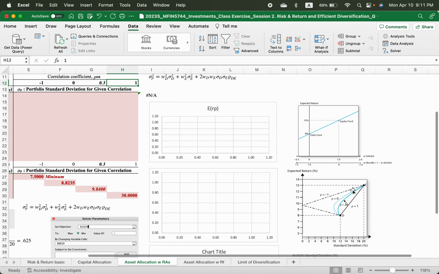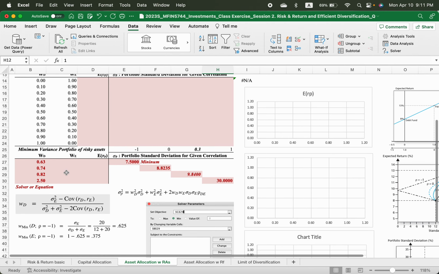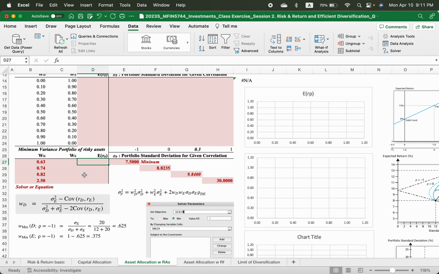We'll draw the efficient frontier line of the combinations of each weight, and then finally we'll find the minimum variance portfolio of these risky assets: how to allocate the weight of the debt and the weight of the equity, what the expected rate of return of this risky asset portfolio is, and the minimum level of standard deviation of the portfolio.